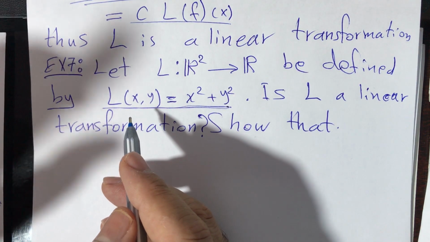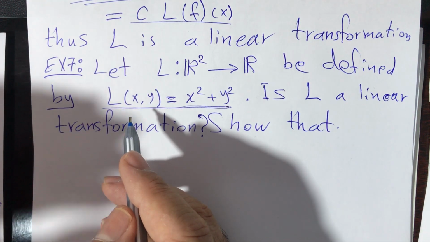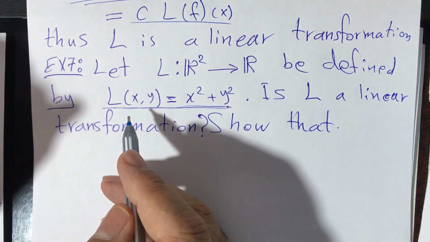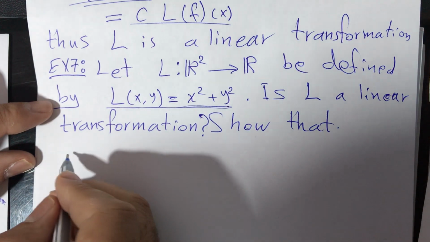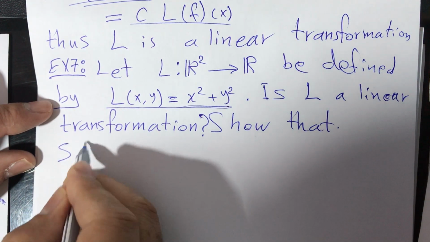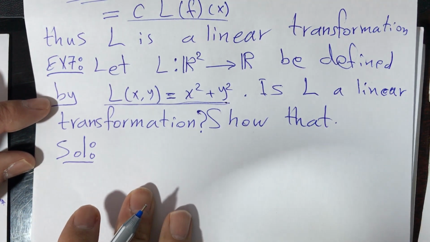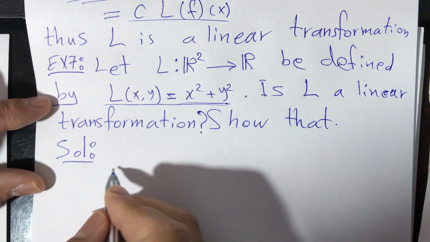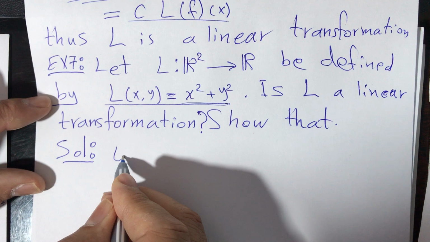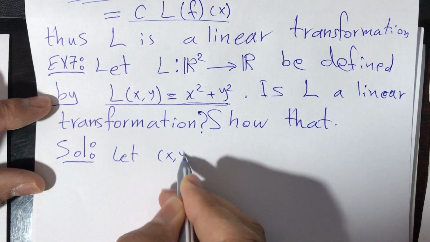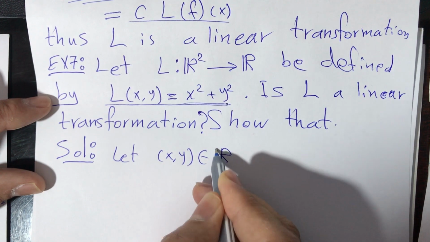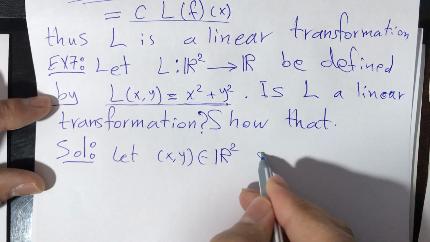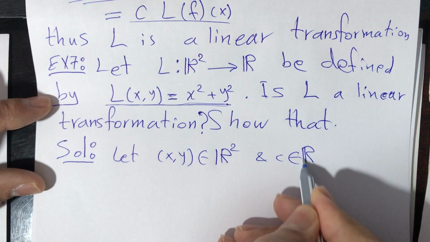If one of them is not satisfied, we directly say this is not a linear transformation. We can solve this question. Look, let x, y belong to R2 and c belong to R. This is a real number.